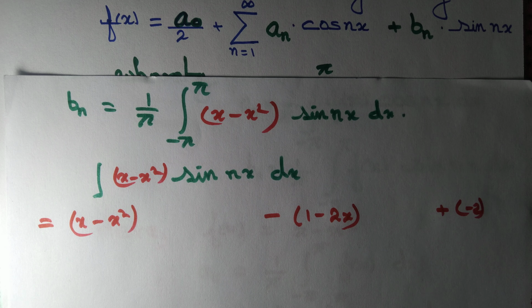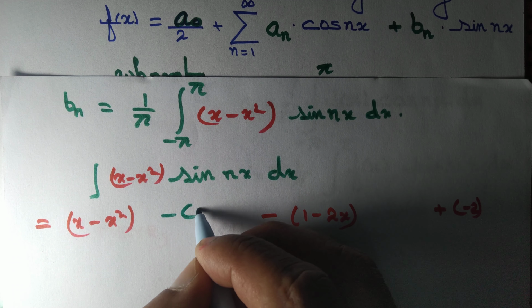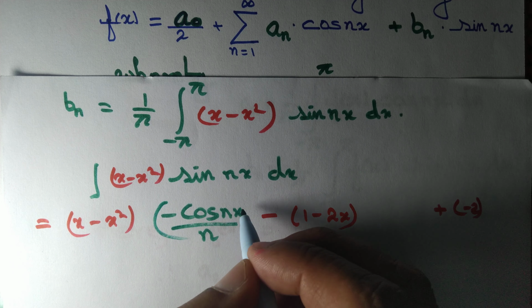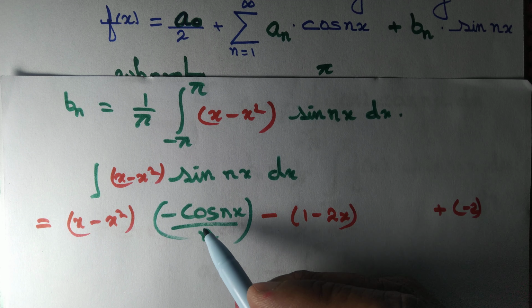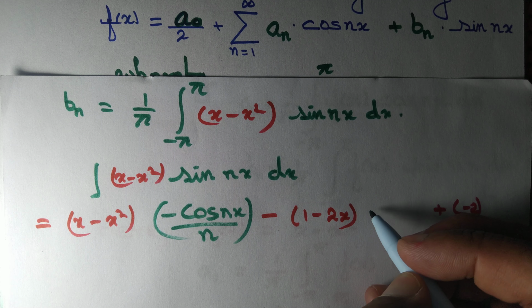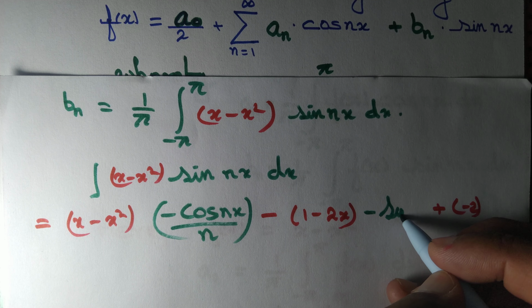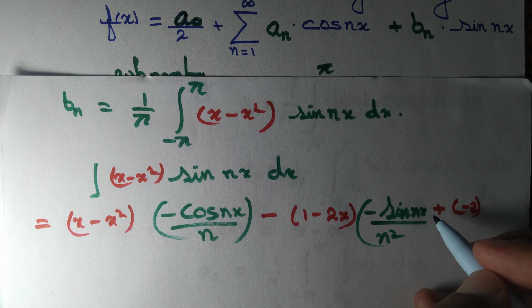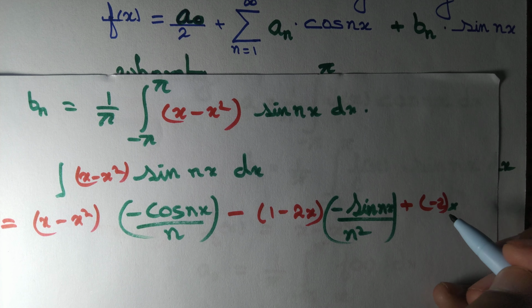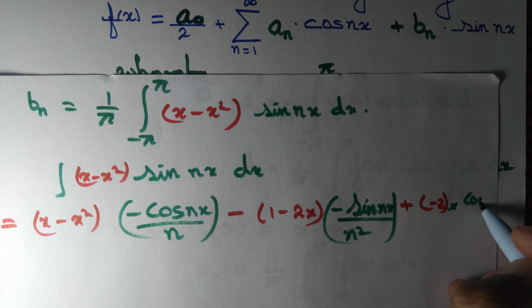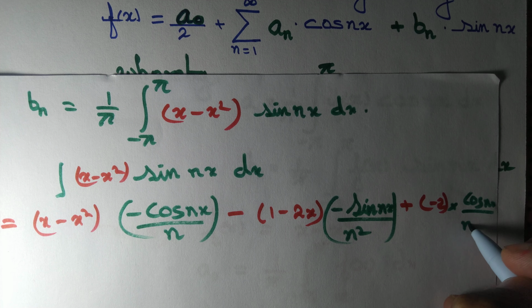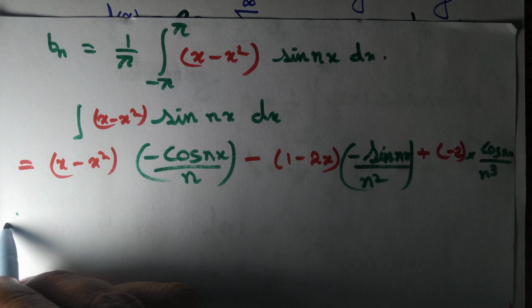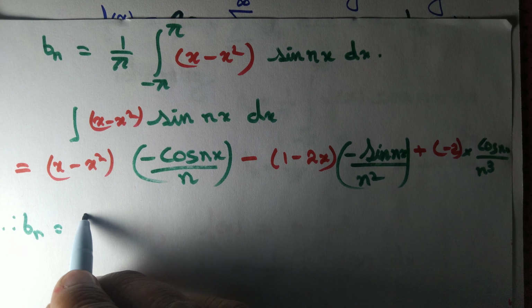So, first integral of sin nx is −cos nx / n. If we integrate it once more, you have −sin nx / n², and then once again if you do it, you will get cos nx / n³. So that is the integration. Therefore, b_n equals 1/π.